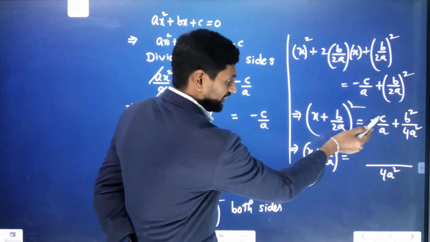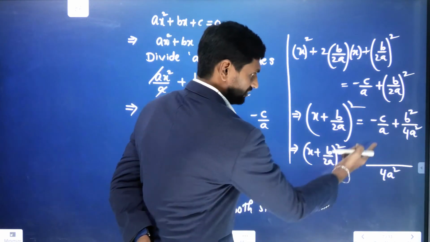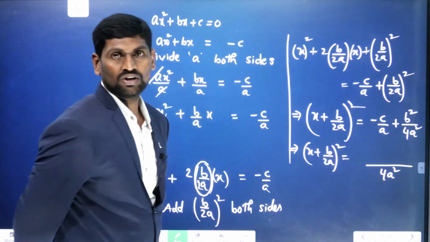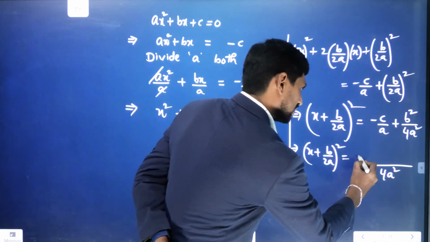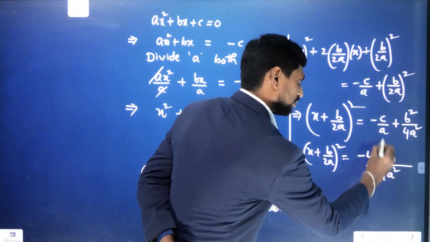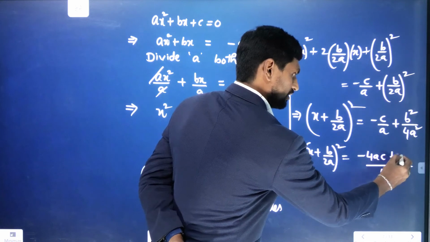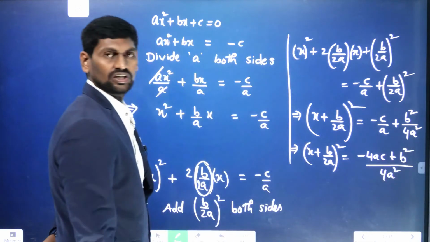So we have to multiply its numerator with 4a. A only we have the first denominator. So total LCM 4a square. We have to multiply with 4a. So it will be minus 4ac. 4a into c, minus 4ac, plus b square. Okay, na children?